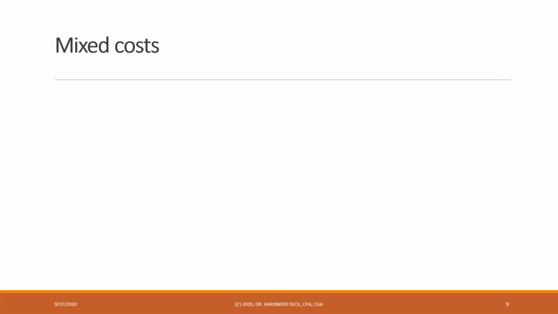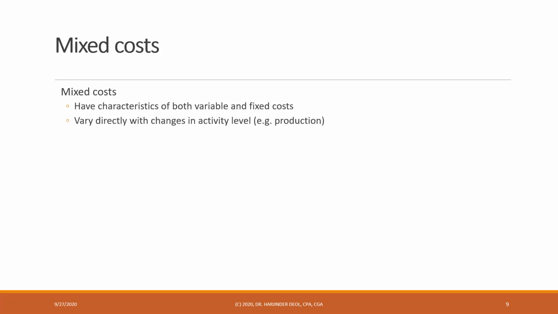So that brings us to the mixed cost. Now, in the past, we have discussed the mixed cost, and this is the cost that will represent characteristics of both the variable cost as well as your fixed cost. So this will vary directly with changes in the activity level, such as production. So per unit cost varies inversely with the changes in activity level.